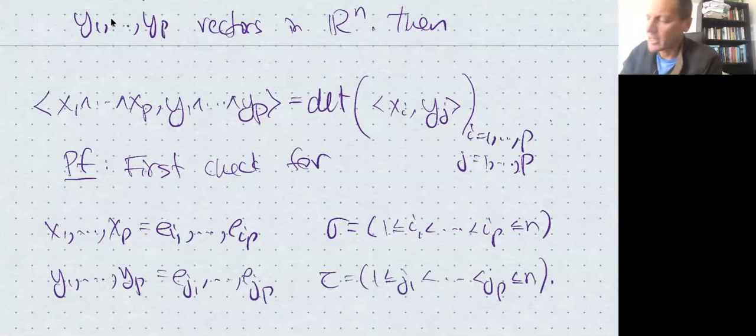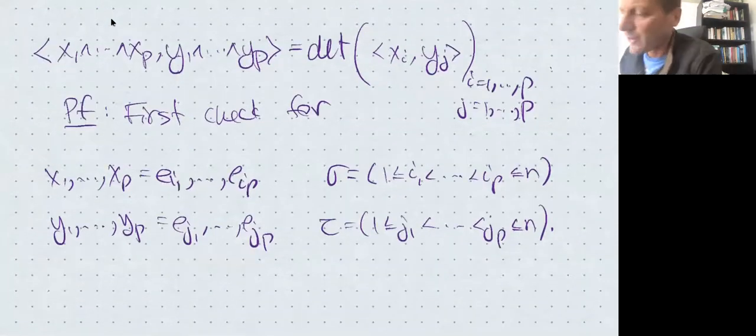So this is a very special case where the xi's and the yj's are standard basis vectors.